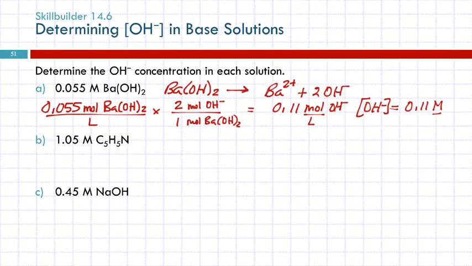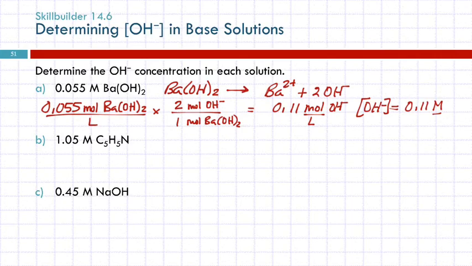Any questions? What about this one? 1.05 molar C5H5N. Is that a strong base? No. Metal hydroxides are strong bases. That's not a metal hydroxide. It's a weak base. If it wasn't in a problem like this, I wouldn't even expect you to recognize that as a base.